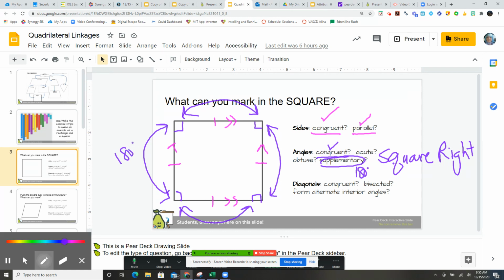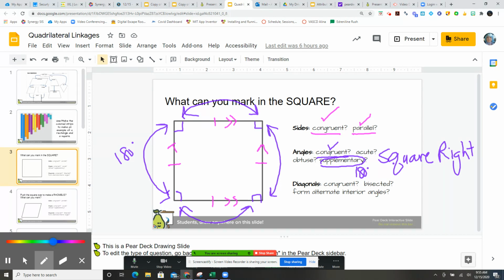What about the diagonals? So this is why you needed to actually draw this or make the shape. If I take my shape literally and I fold it in half, is there a line of symmetry there? Is it exactly the same on the diagonal? If you fold your square the other way, is there a line of symmetry?